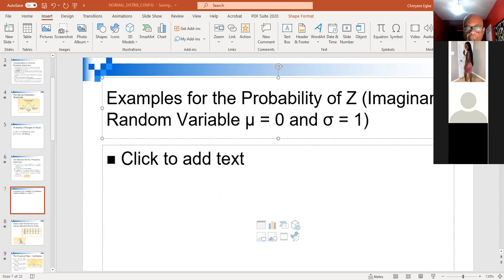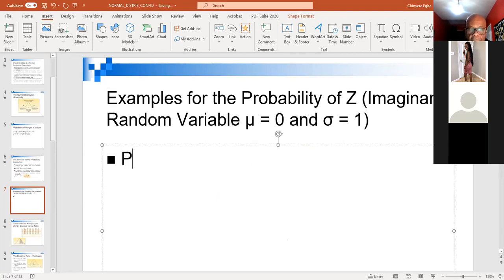So this is an imaginary random variable. Now, after we work with the imaginary random variable, then we're going to work with an actual variable like average travel time.